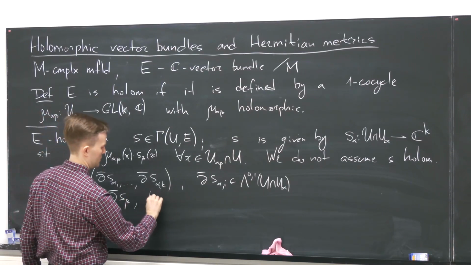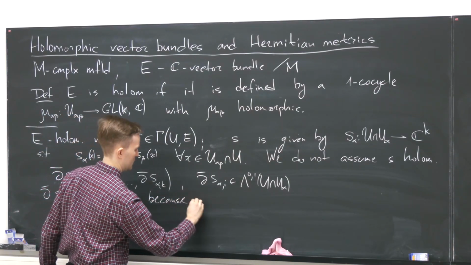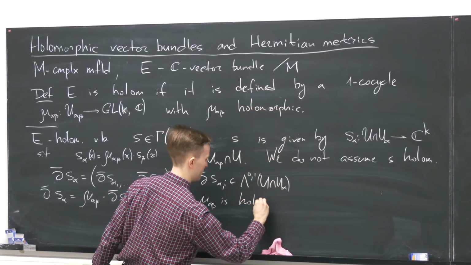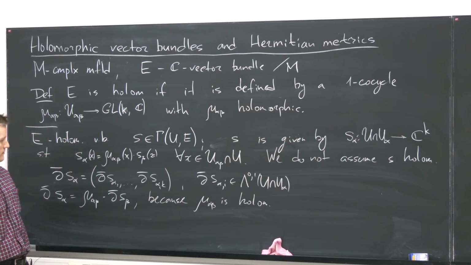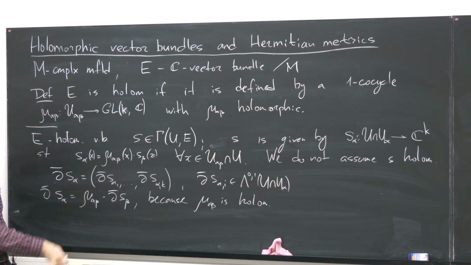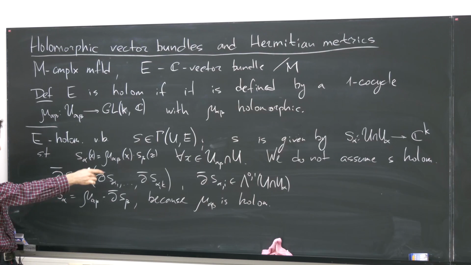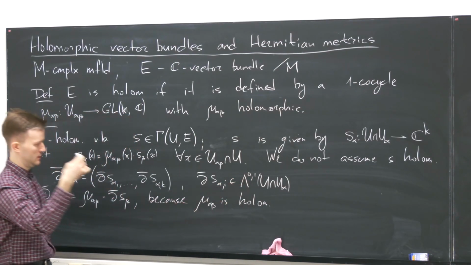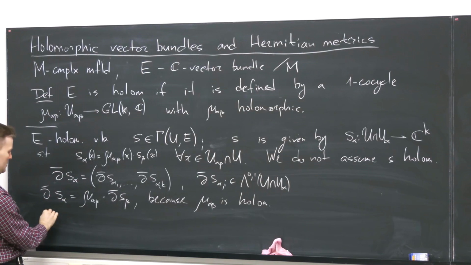Because this mu alpha beta is holomorphic. And this means that this del bar of S alpha, so this collection, gives me a section also of a vector bundle, which is now this Lambda^{0,1} twisted by E.